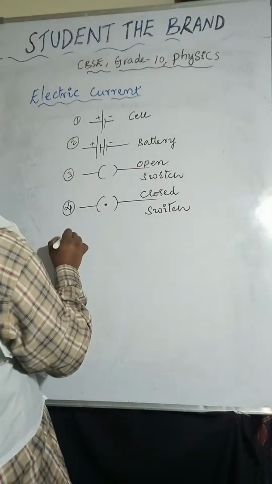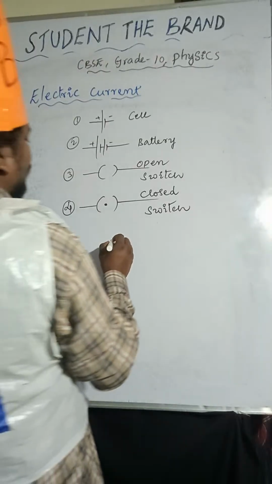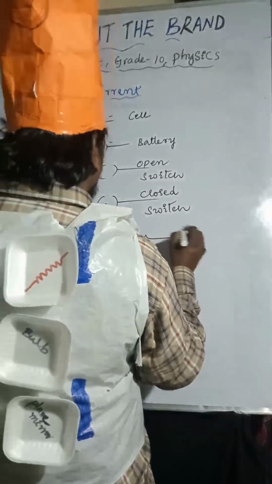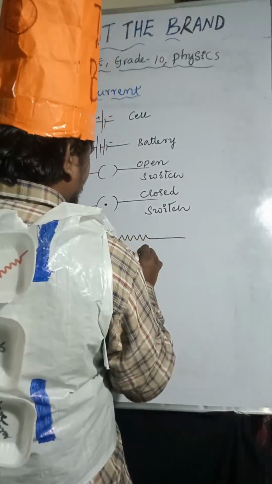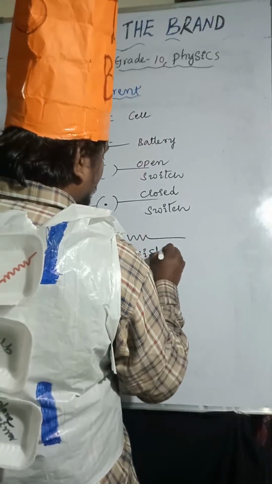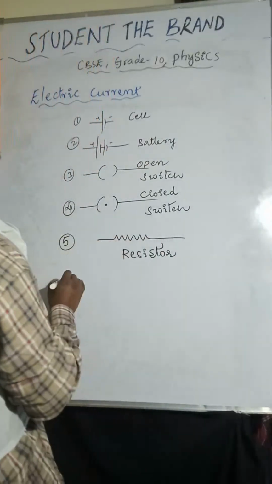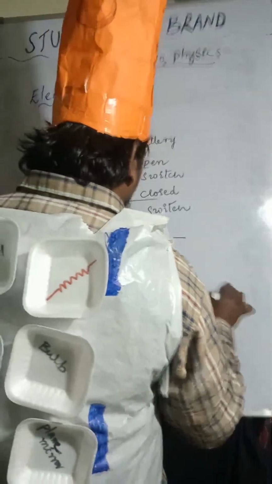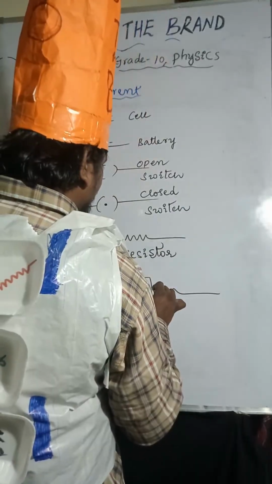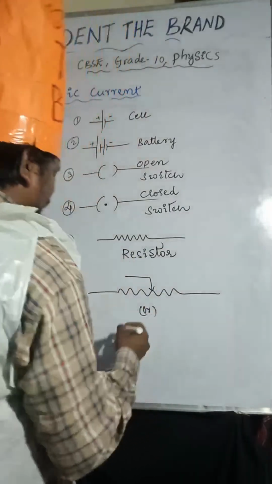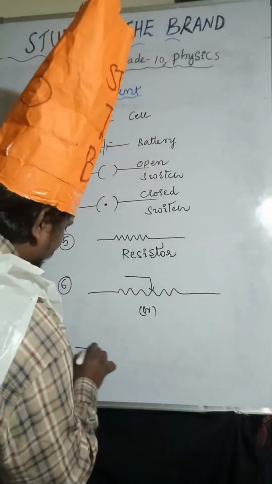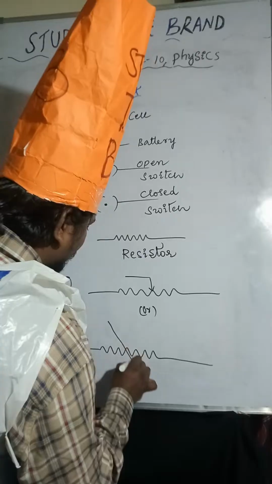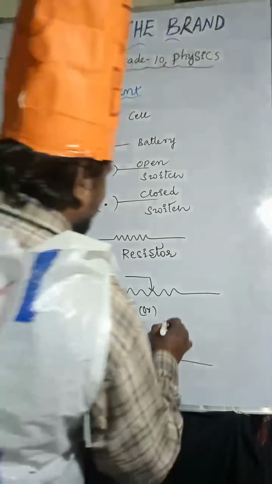And the fifth one, resistor, and a rheostat. Rheostat we can draw like this, or we can also draw like this.